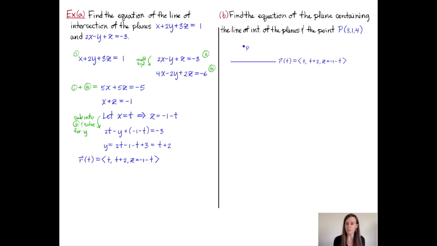So our goal here is to find 2 points that lie on the line r of t, and then use that and the point P to find two vectors. So let's start by finding r at t equal to 0. So r of 0 is (0, 2, negative 1).